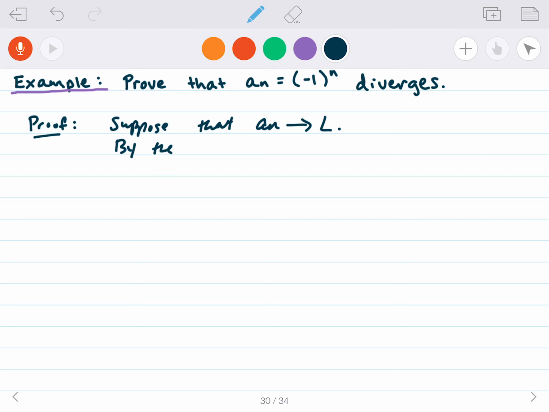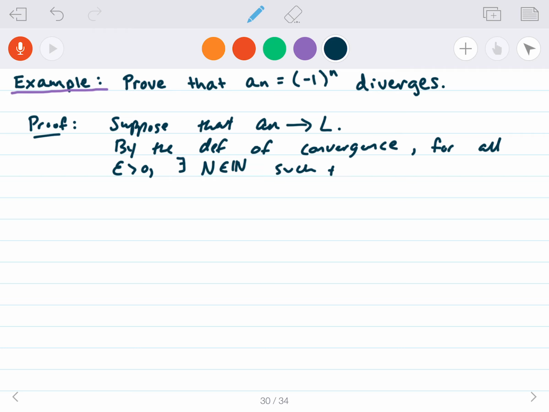By the definition of convergence, we know that for all epsilon bigger than 0, there exists some capital N in the natural numbers such that when I go far along in my sequence, so little n is bigger than capital N, this implies that the distance between our sequence and the limit should get arbitrarily small. Okay, that's just the definition of convergence.